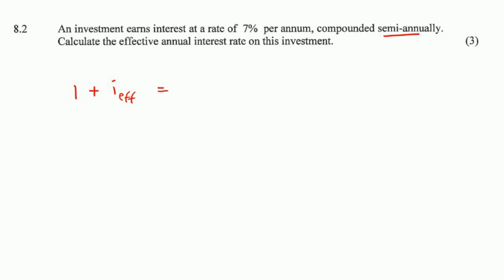Okay, then you go 1 plus i nominal over m to the power of m. Okay, so they want us to calculate the effective, so we leave that alone for now. So we go 1 plus i effective. Sorry, let me make that a little subscript.